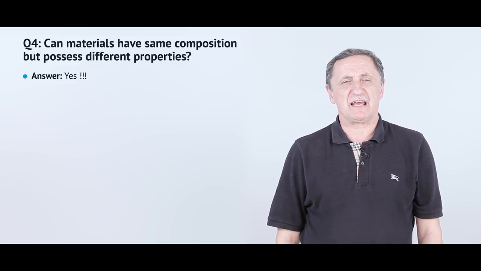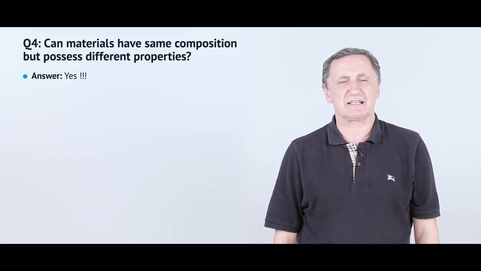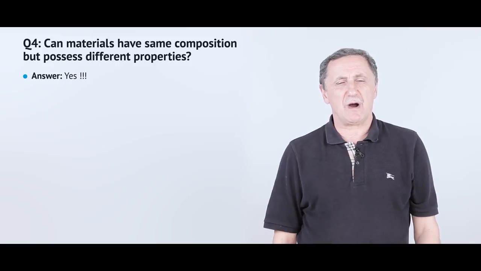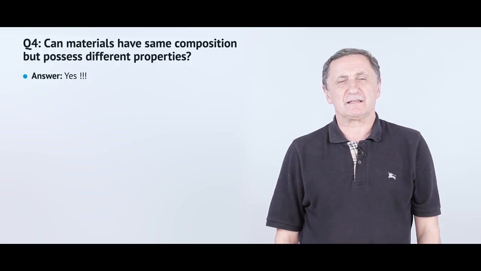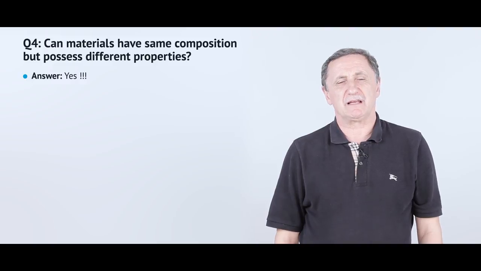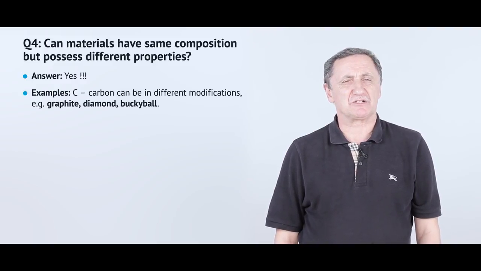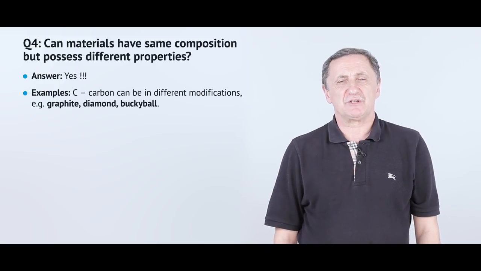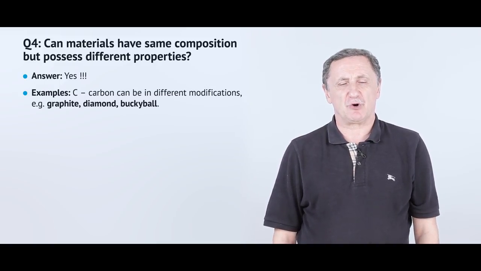For example, if we take just carbon itself, it means that the makeup of the material is just one element with one specific electron structure, as we know from atomic physics. However, we can distinguish different types of materials made from carbon which do have extremely different properties.